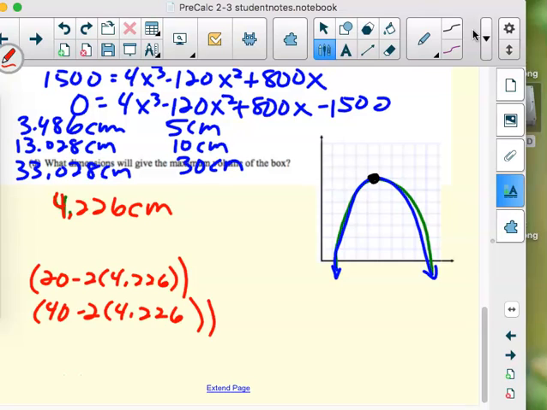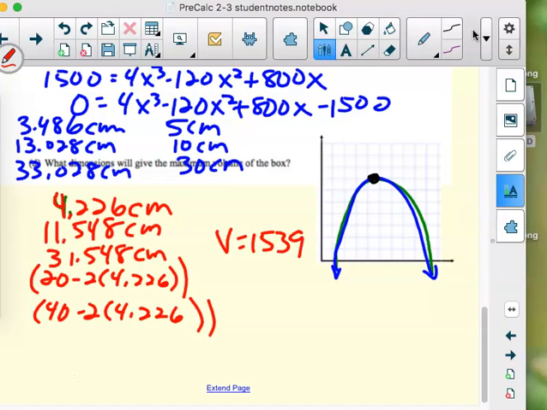But to save time here, I'm just going to go ahead and give you those other two dimensions. 11.548 centimeters and 31.548 centimeters. And that would maximize the volume at 1,539.601 cubic centimeters.